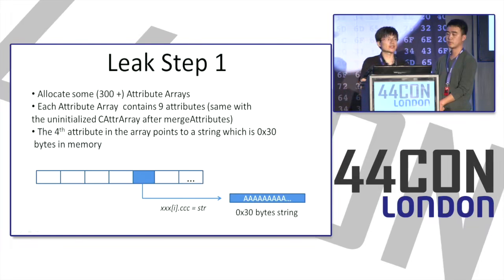First, we allocate some attribute arrays, and each attribute array has 9 attributes. This number is the same as the uninitialized attribute array. And we set the fourth attribute in the array to a string of 0x30 bytes, as you can see here.